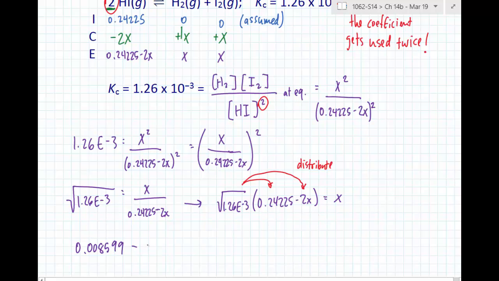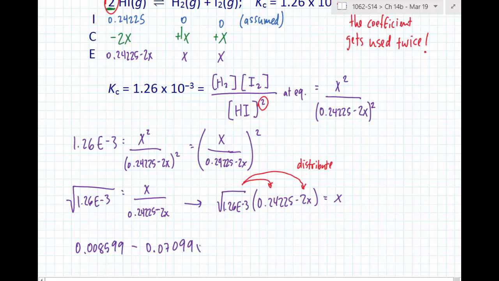Minus 0 point what? 0.07099. Yep, that's what I got. And those are not multiplied together. Nope, this is minus 0.07099, but I need something else.